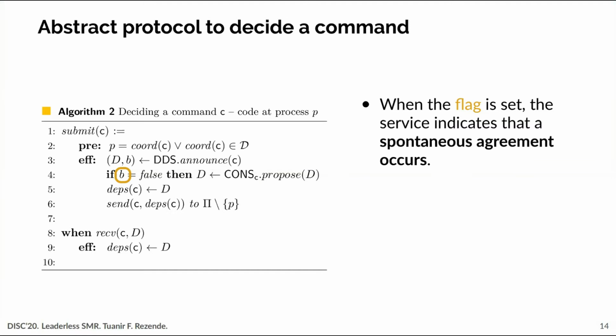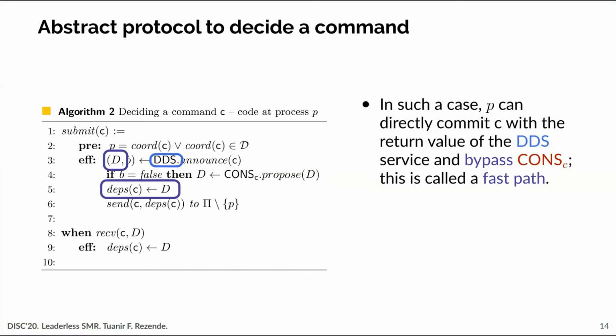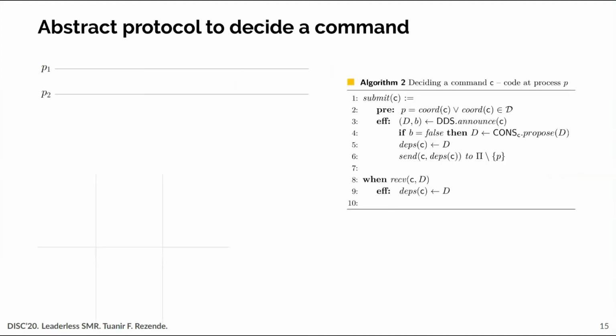That is a very important concept to grasp. In such case, the process P can directly commit C with the return of the DDS service and bypass cons. We can see that at line 4, cons is not highlighted. This is what we call the fast path. If the flag is false and it needs to go through the consensus service, we call it a slow path. As usual, let's strengthen our understanding of what I've just said with an example.